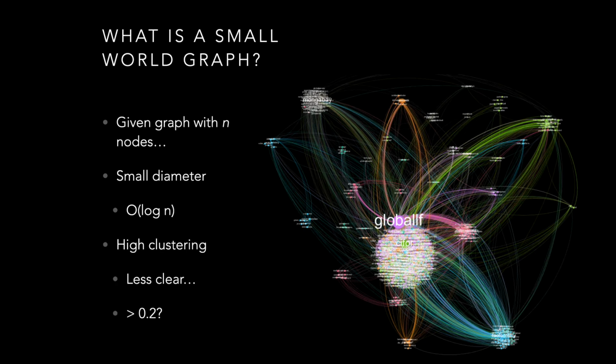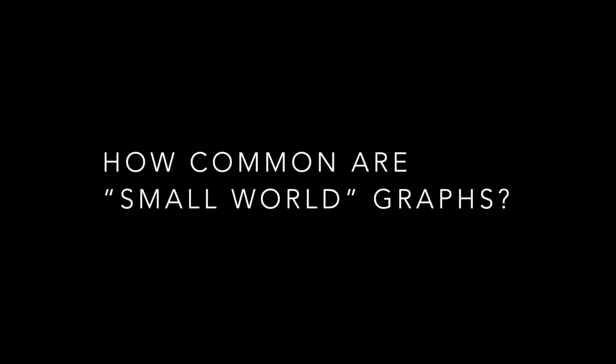For high clustering, this is less clear, but maybe it's not as high as you expect, but maybe higher than 0.2. It's not very well defined what high clustering means, but we can talk about clustering in comparison to other kinds of graphs. But first, let's talk about how common these kinds of graphs are.